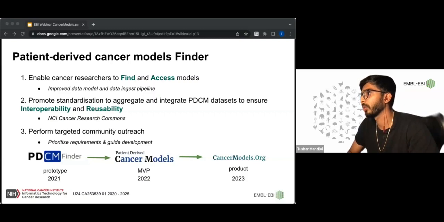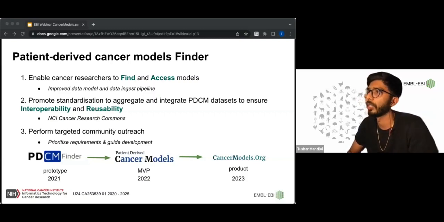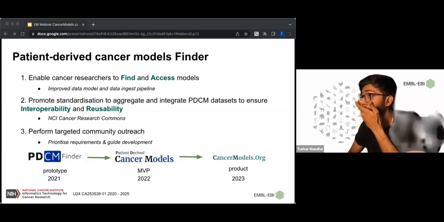Our prototype resource was called PDCM Finder in 2021, where we included 2D and 3D cancer models. And along with the feedback from our users, we worked on our minimum viable product, which we named patient-derived cancer models.